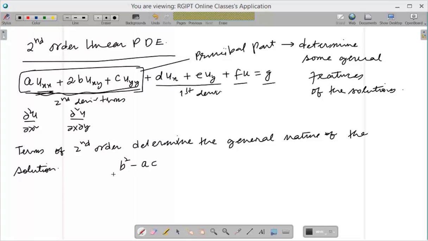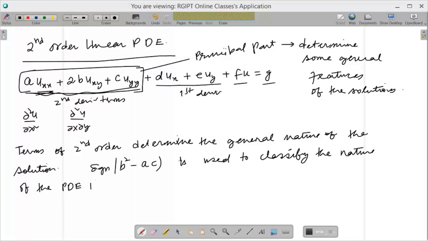The sign of this quantity, b square minus ac, is used to classify the nature of the PDE based on the nature of the solution.